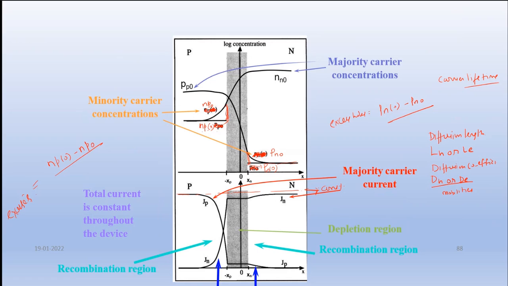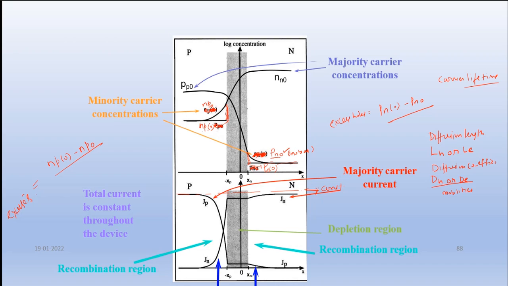Now coming to this diagram, this is the same diagram which I have drawn and explained, right? This is the same hole concentration at the p side, which goes to the junction and becomes minority carriers, right? This is when we have applied no bias.